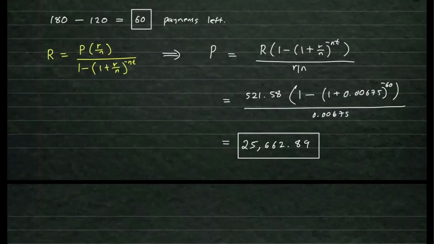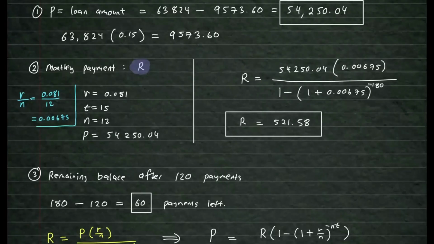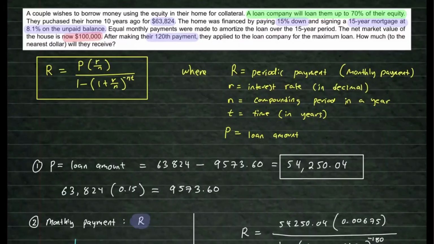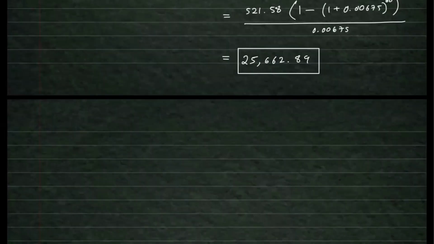But now since they're going to use the equity of their home to borrow money from the bank or a loan company, the loan company can only give them 70% of that equity. Their value of the house right now is 100,000. So what we need to do is figure out the equity.